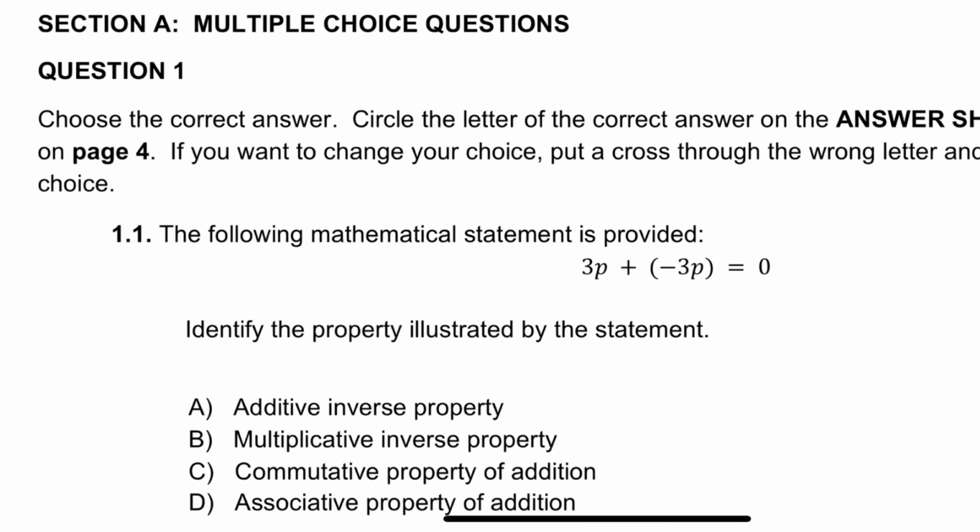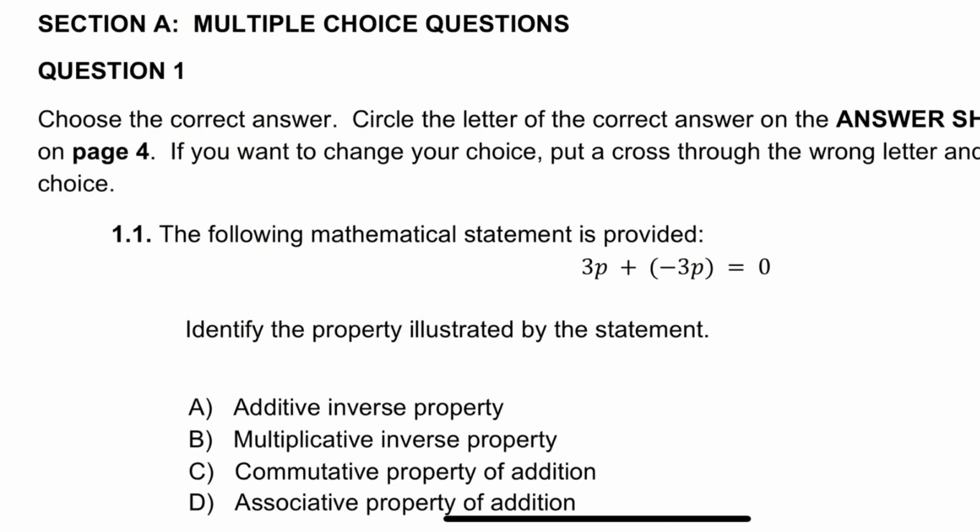So immediately looking at 1.1, we can look at A, the additive inverse, meaning that you're adding the inverse of something. The inverse of 3p is negative 3p, so I'm adding negative 3p and that equals 0.